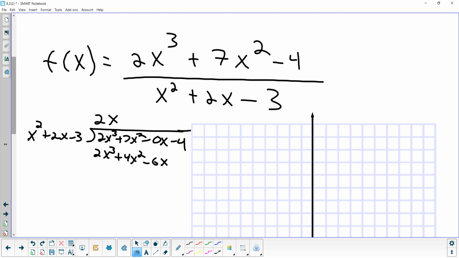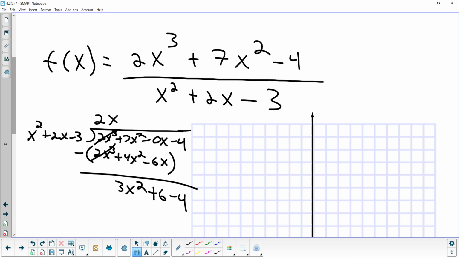And now, Maddie, what do I do with these columns? Subtract. Yep, long division, you subtract. That's gone. 7 minus 4 gives me 3x squared. What's 0 minus minus 6? Plus 6. And then bring down your last term. What's 3x squared divided by x squared?